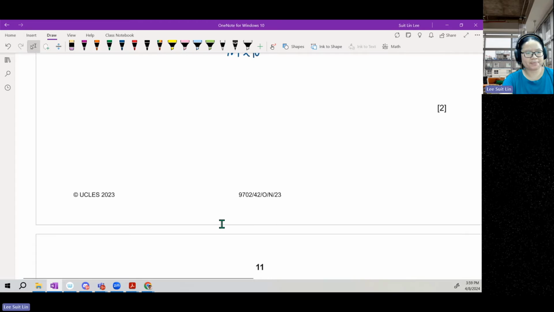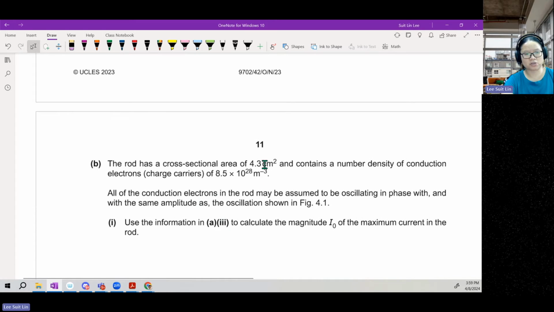Okay, moving on. The rod has a cross-sectional area of 4.3 cm squared, contains a number density of conduction electrons this much, and all of the conduction electrons in the rod may be assumed to be oscillating in phase with and the same amplitude as the oscillation shown in figure 4.1.